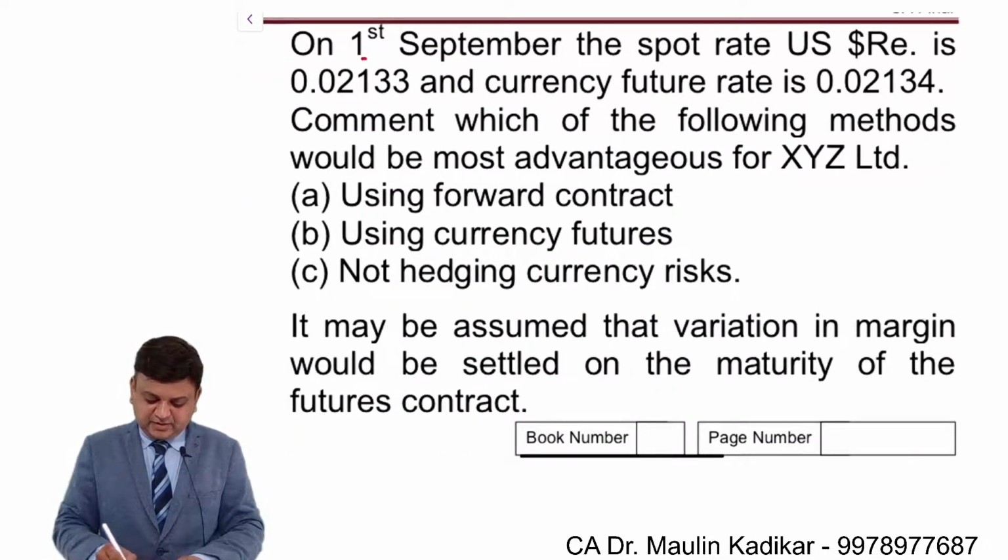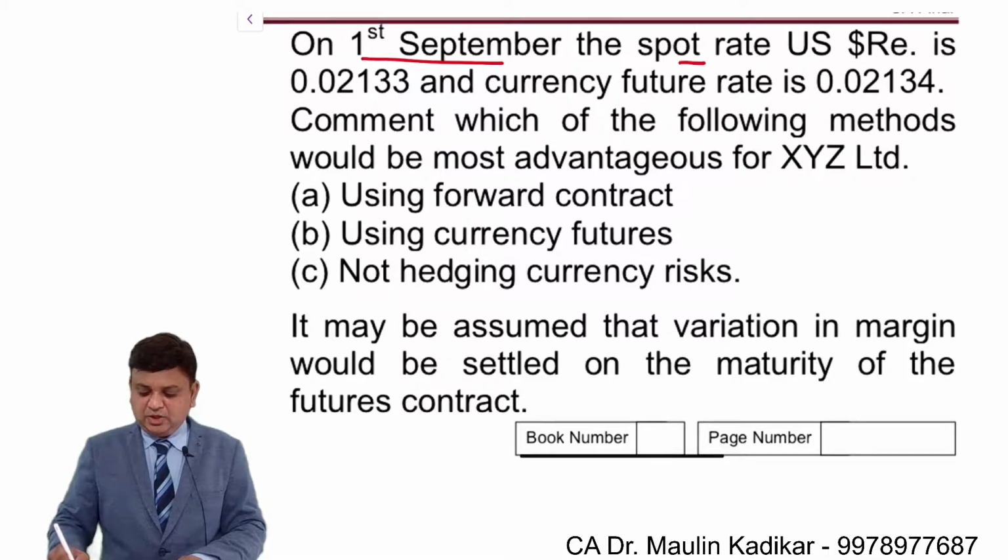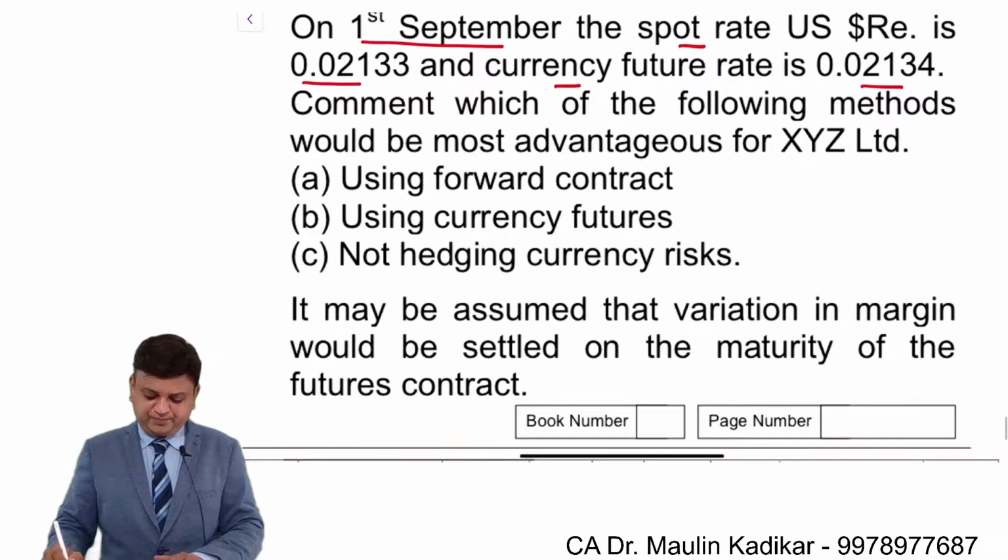On 1st of September, spot exchange rate, US dollar per rupee, is 0.02133, and the currency futures rate is 0.02134, again dollar per rupee, of course.